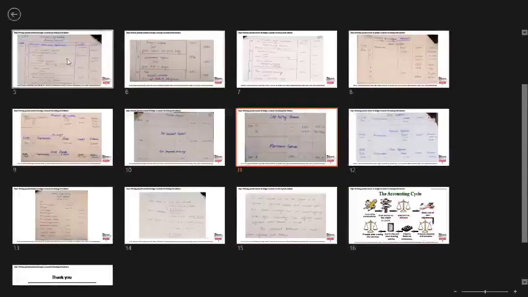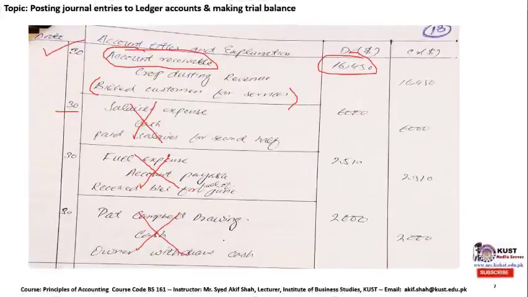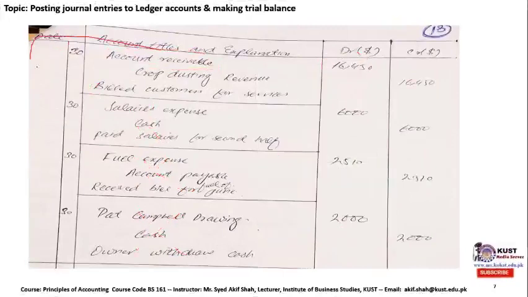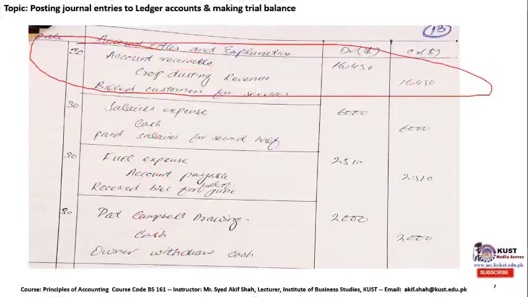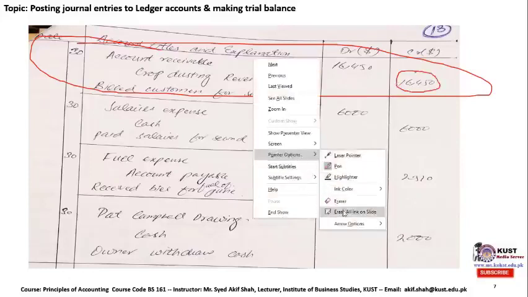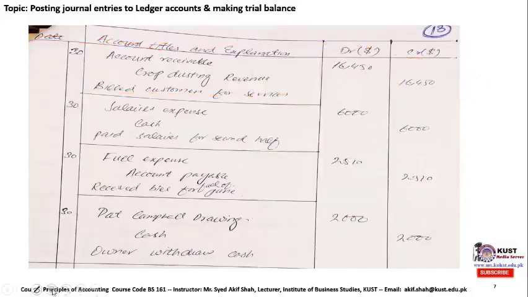We can see in the journal, here we have our next revenue related entry, which is June 30th. Once again, the revenue was having a credit entry of 16,450, which should be posted into the ledger accounts.